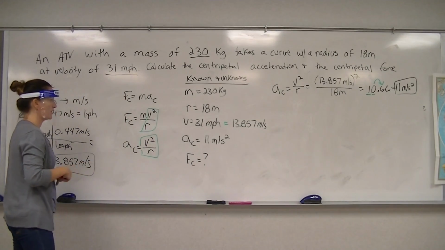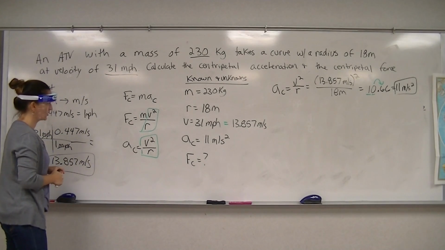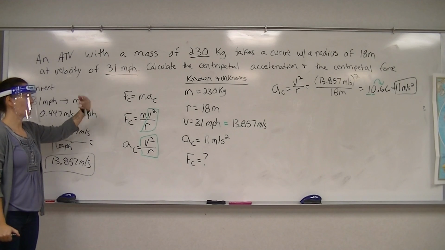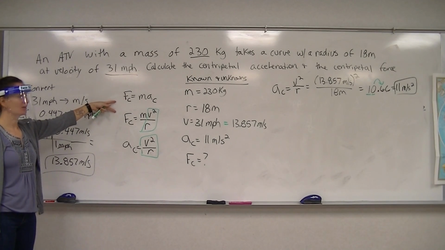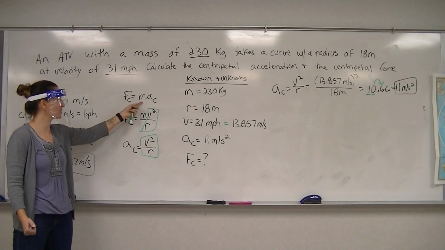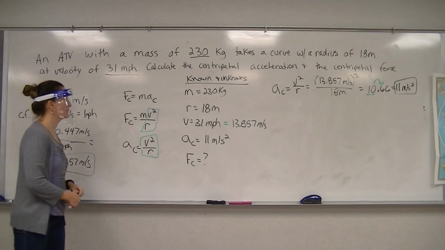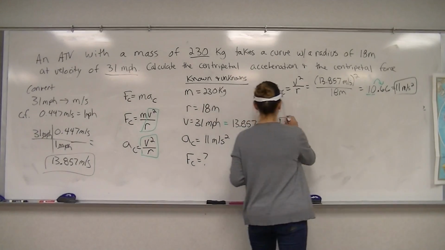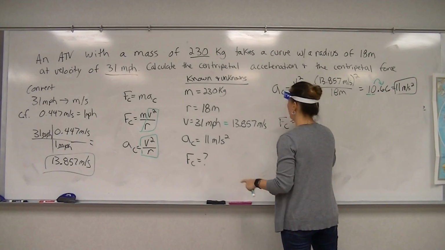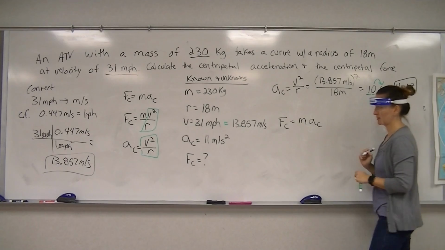Now let's solve for our other unknown. We had two unknowns, so we're going to need two equations. So my centripetal force, I can actually use either of these. It doesn't matter. I have all the information I need to use either one. I'm going to pick the top one because there's just less to do, right? You only have to multiply one number by another number. Saves me some time and some trouble. So I'm going to use my new centripetal acceleration that I just solved for: centripetal force is equal to mass times centripetal acceleration.